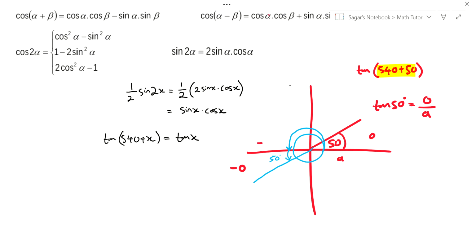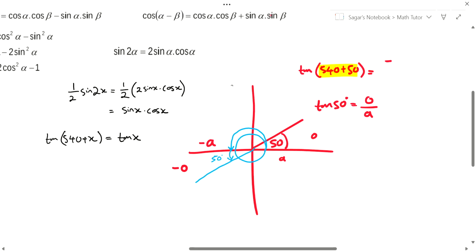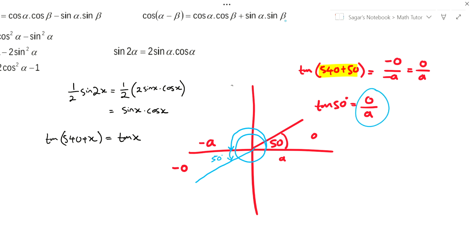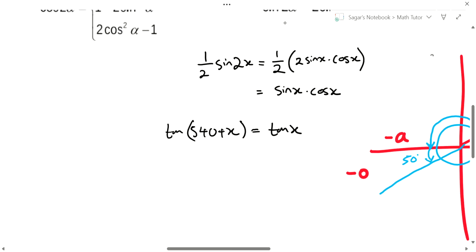We've got our adjacent, which is also negative. And we end up with minus O all over minus A, which is equal to O all over A. So the final answers are the same. Therefore, we conclude that tan (540 plus x) is equal to tan x.